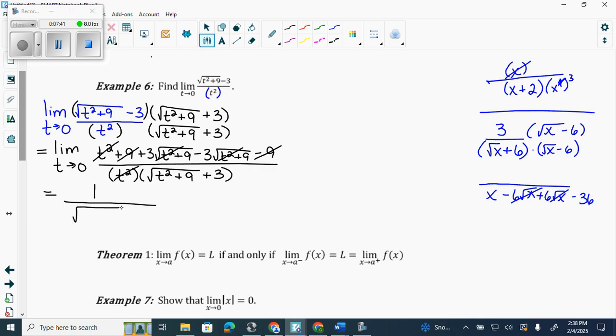So we get 1 over 0 squared plus 9 plus 3, which is 1 over 3 plus 3, which is 6. So from the left and the right of 0 on this wonky graph, it's approaching 1/6. Because the square root of 9 is 3 plus 3, which is 6. Yes? Do you all agree?